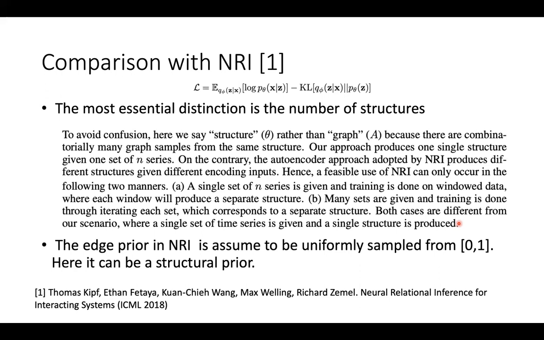On the contrary, the NRI paper produces different structures given different encoding inputs. So a feasible use of NRI can only occur in two manners. The first is that a set of time series is given and training is done on window data, where each window will produce a separate structure. And secondly, many sets are given and training is done by iterating over each set, which corresponds to a separate structure.